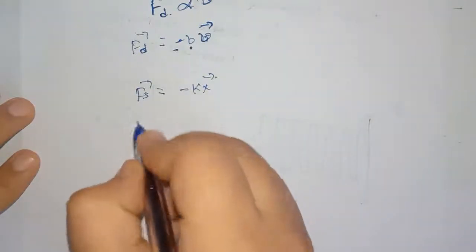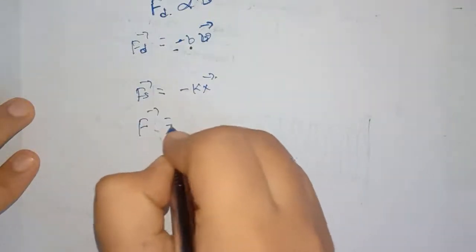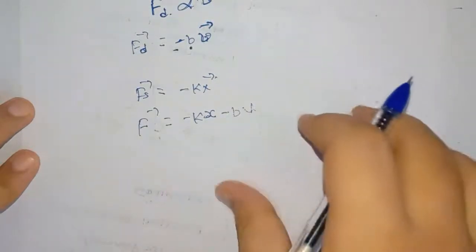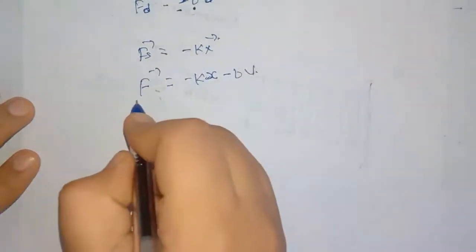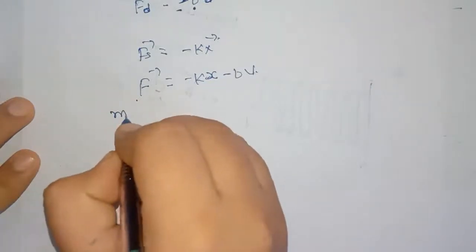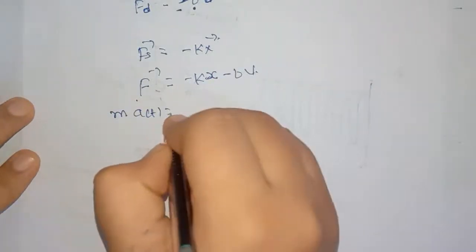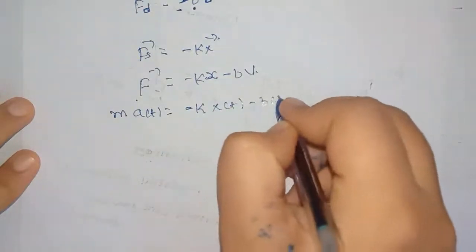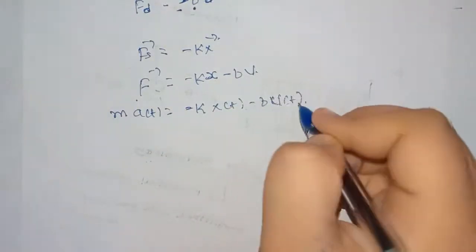So the total force can be written as minus kx minus bv. But force is mass into acceleration, so m into a of t is equal to minus k x of t minus b v of t.